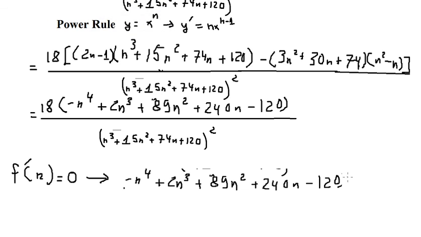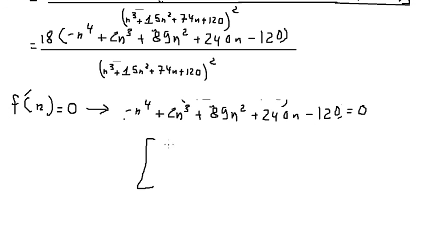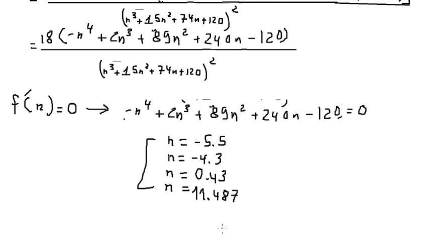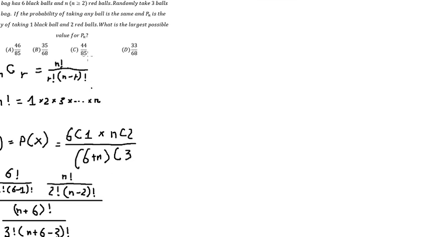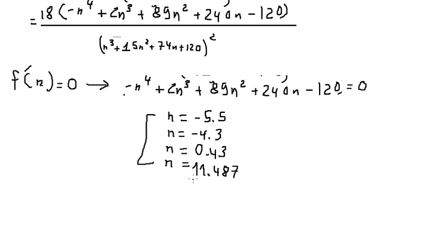So if we use the calculator, we have 4 solutions of n. So here are the solutions. So that means the integer value should be closer to this value of n in here.